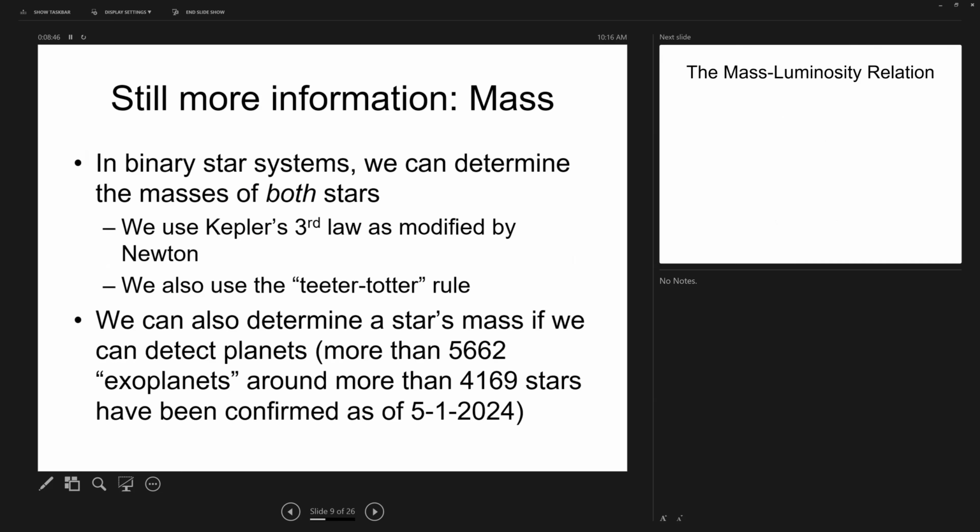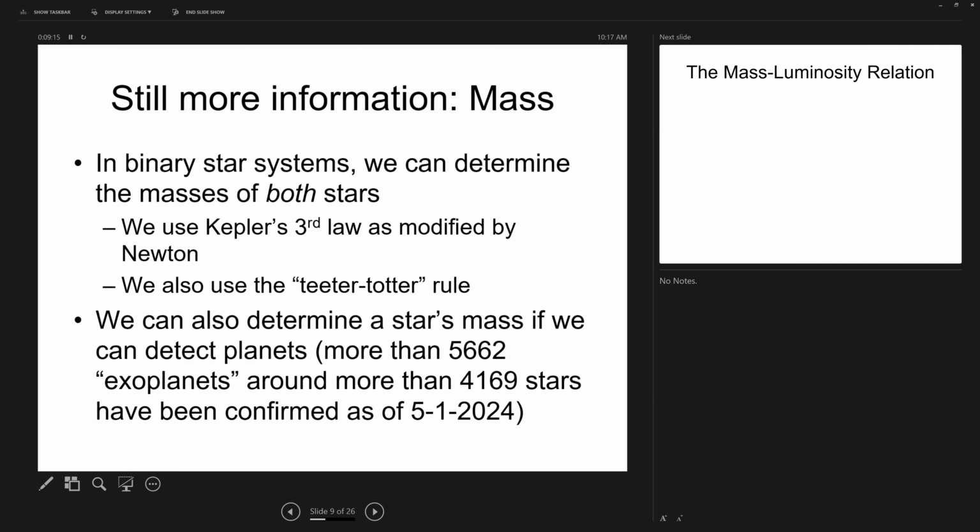Now, we can also get stars' masses if we can detect planets around them. And more than 5,662 exoplanets have been discovered around more than 4,169 stars as of May 1st of this year. So that's quite a few. And you can get a pretty good statistical analysis of stars by looking at something like this.